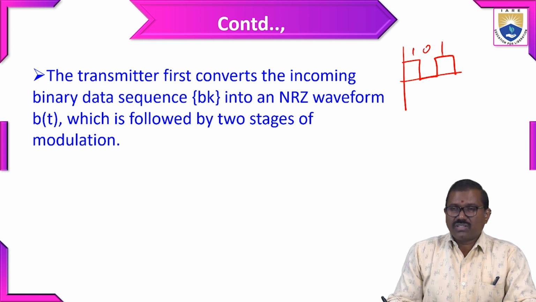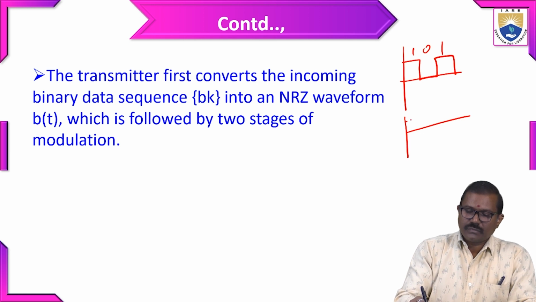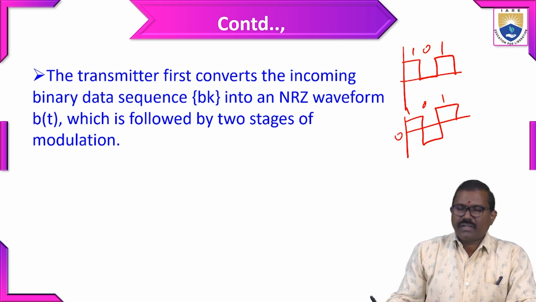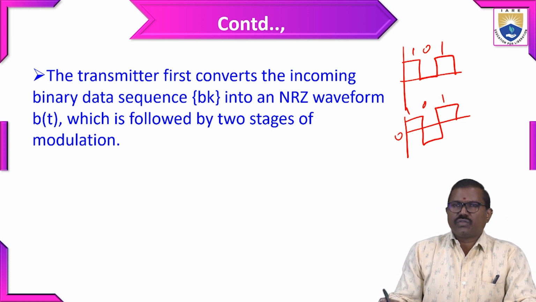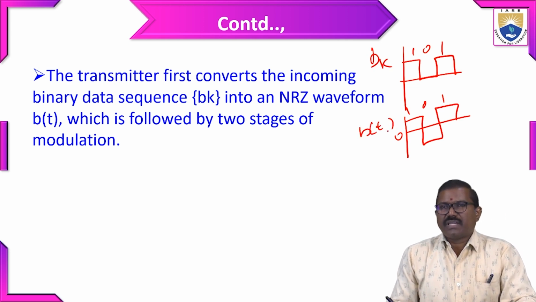This is the binary data sequence, and I am going to not return to zero. This is the zero level. In this way, this is b(k) and this is b(t), the NRZ.